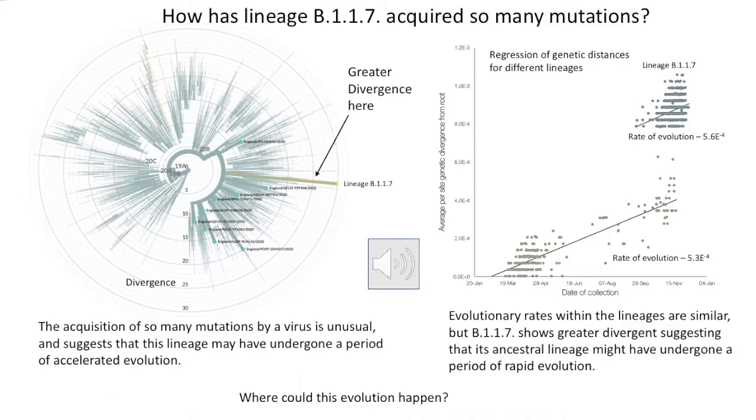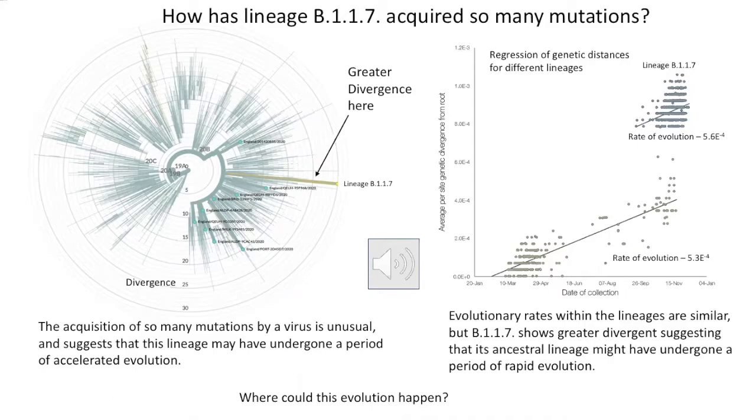It can be speeded up if the virus can exchange genetic information with other virus lineages. And it can also acquire more mutations if the infective cycle is prolonged, i.e. if it lasts longer than usual, producing a greater number of daughter progeny viruses. In answering this question, we first have to establish whether B117 has a greater rate of mutation than any of the other lineages.